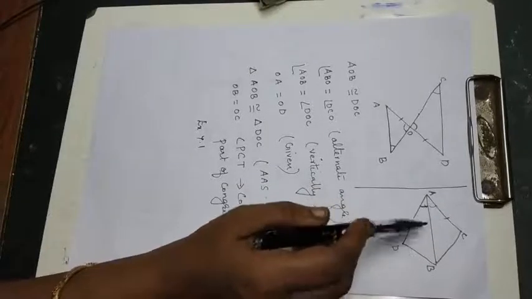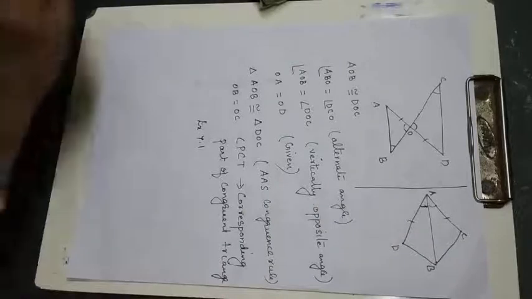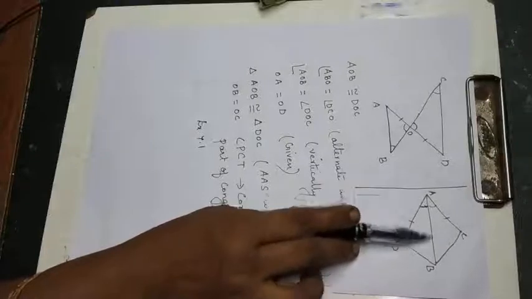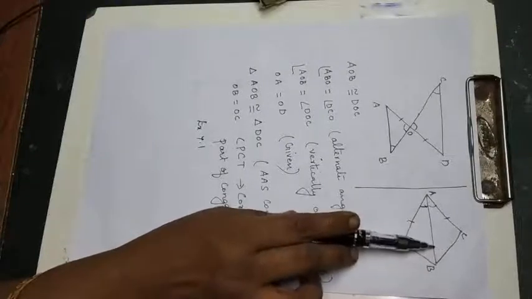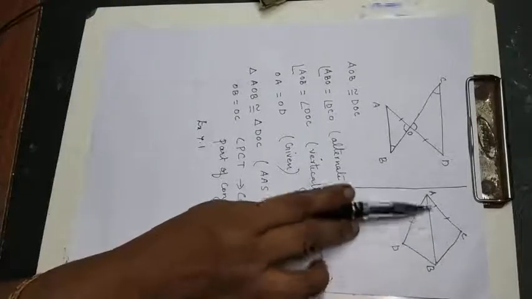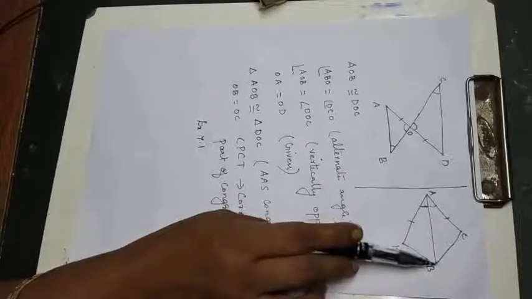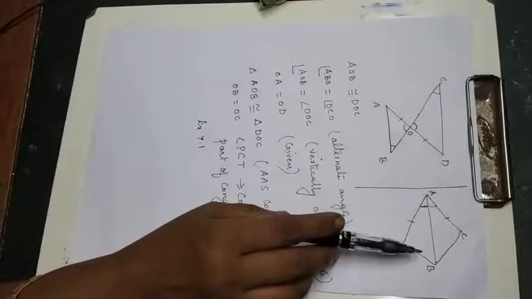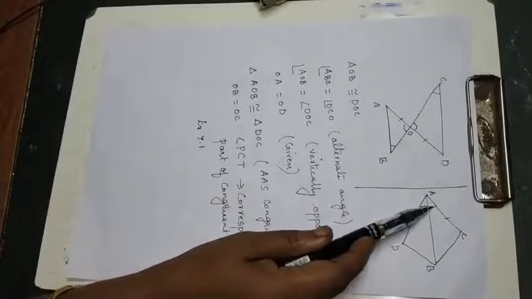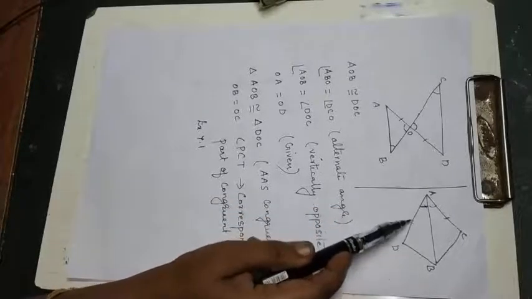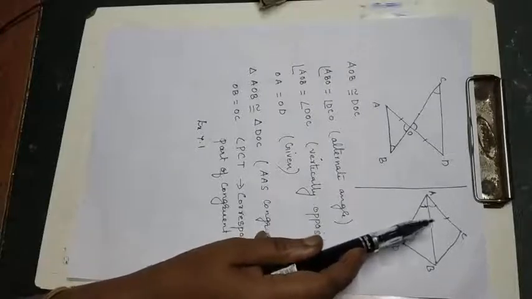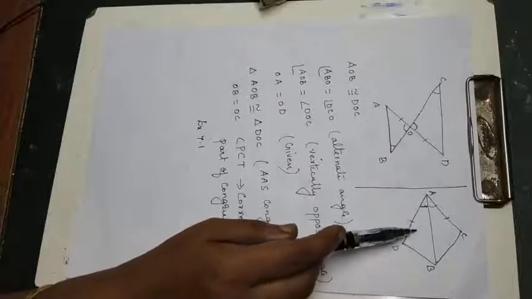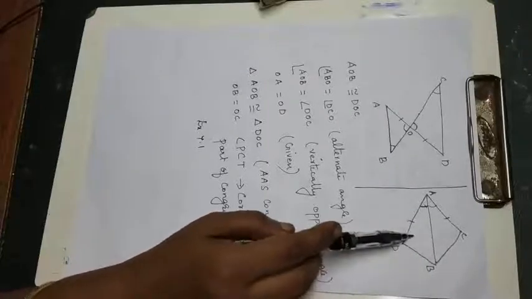Then third part is AB equal to AB. This AB is the side common to triangle ABC and triangle ABD. So you got side, angle, side. That is the SAS theorem. By the SAS theorem, these two triangles are congruent.